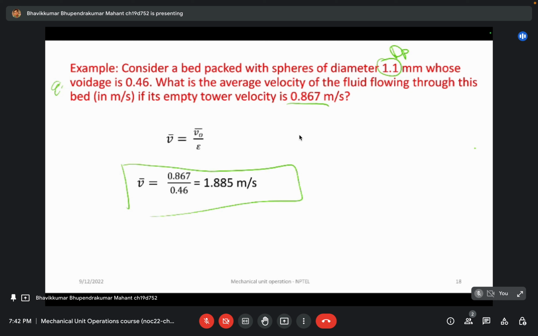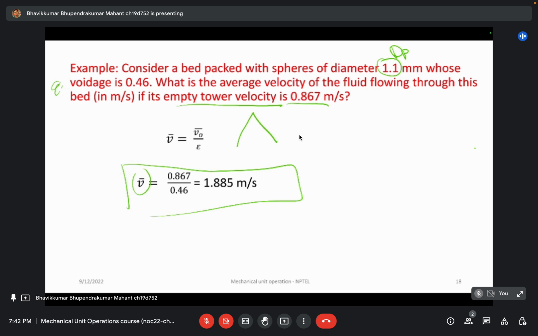So you always need to remember one thing, that empty tower velocity is always less than the actual average velocity. Okay, obviously, we can't say every time, but generally it will be mostly less.